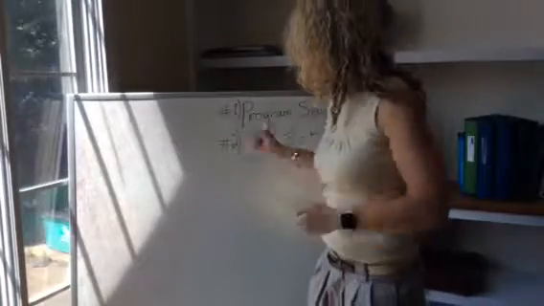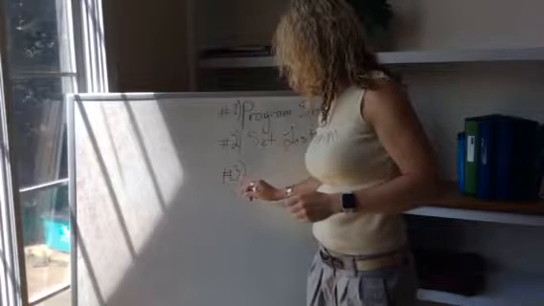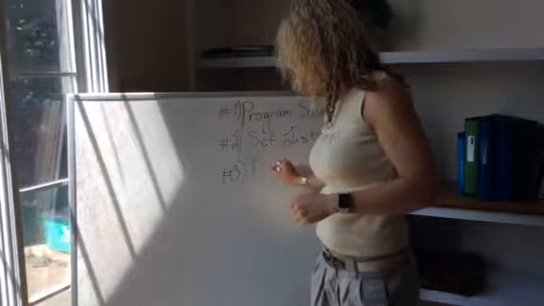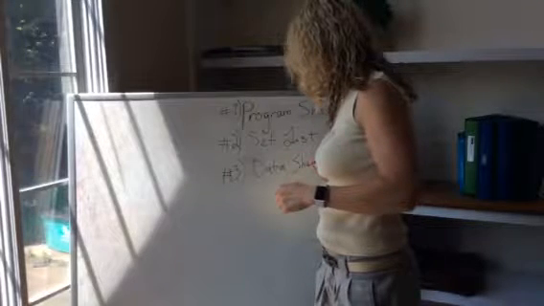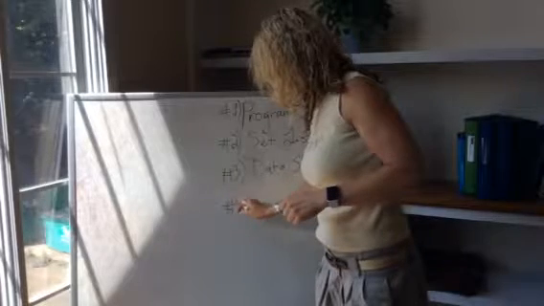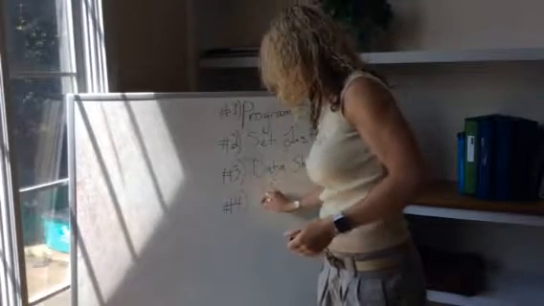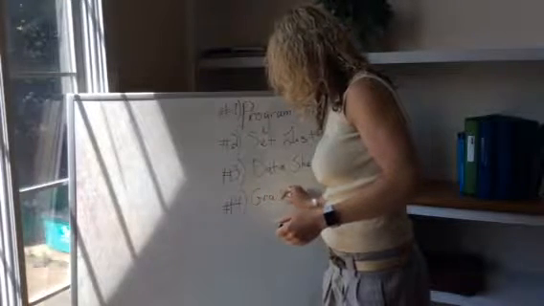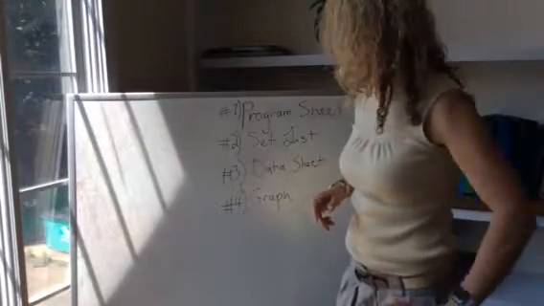Number 3, as we just saw, an integral part of what you're going to use is a data sheet. And number 4, which you also saw is going to be a graph to assess your data over time and monitor for mastery.